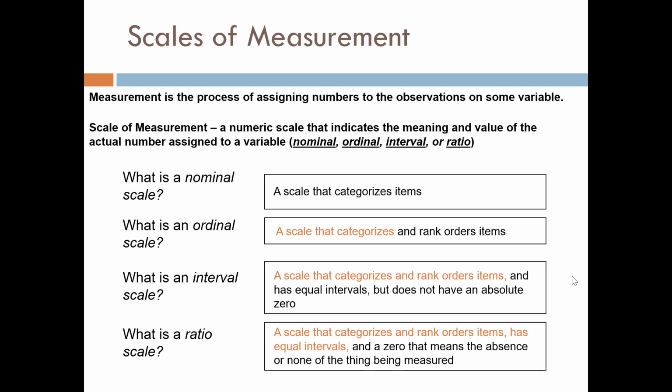Lastly, we have our ratio scale. There's a strong argument that this is the most complex scale of measurement because items are categorized like the nominal scale. These items can be ranked like the ordinal scale. They have equal intervals like the interval scale, and it has a meaningful zero. This means that there can be nothing of, or zero of, our item or variable.